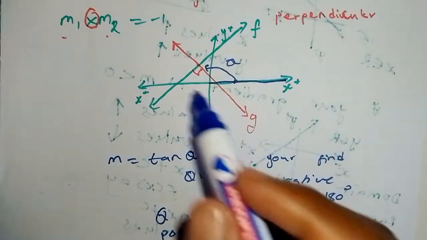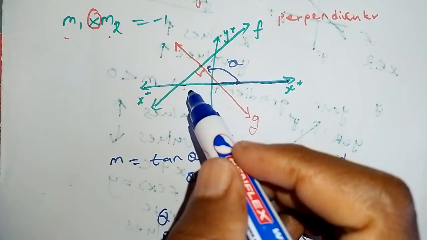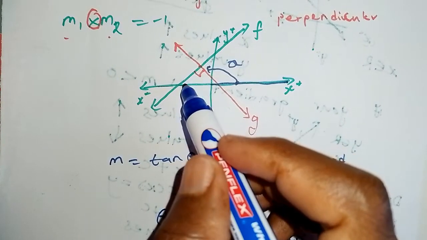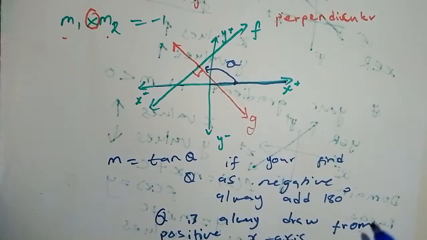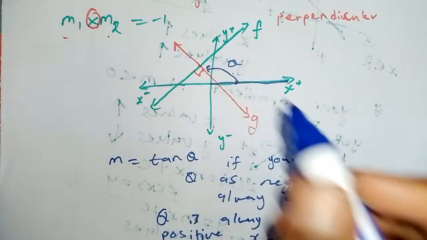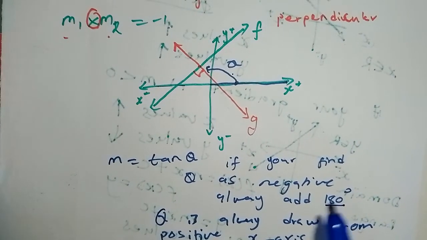You can never find your theta drawn from this line going that way. So if you get your theta as negative, it means it will be drawn this way. When you need to correct it and say, oh, my theta is negative, so I need to add 180 so that my theta becomes positive.